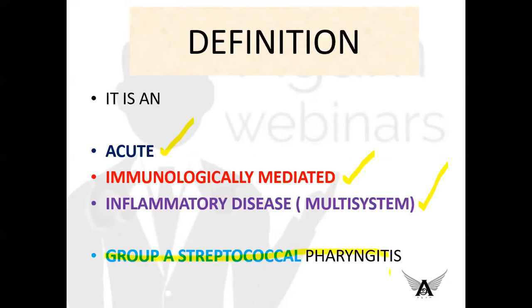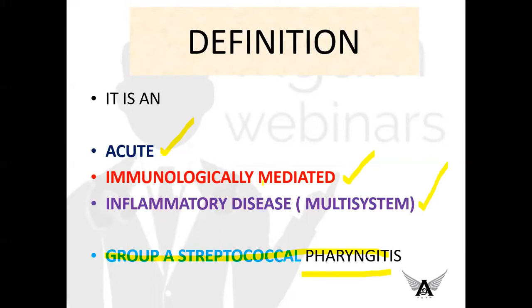Very important. If you remember, I told you the mother complained in the case history of sore throat and fever 3 weeks back. So we need to understand the causative organism of that, and if the laboratory report says it is group A streptococcus, then of course it is a diagnosis of rheumatic fever. So it is an acute, immunologically mediated, multi-system inflammatory disease.